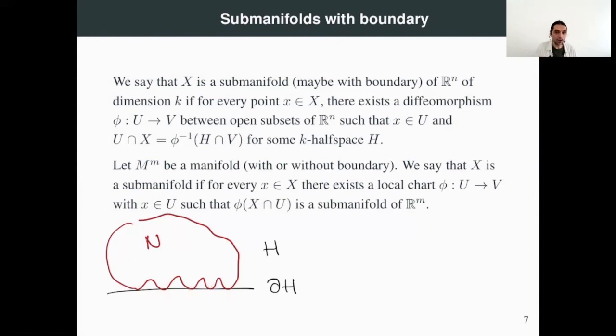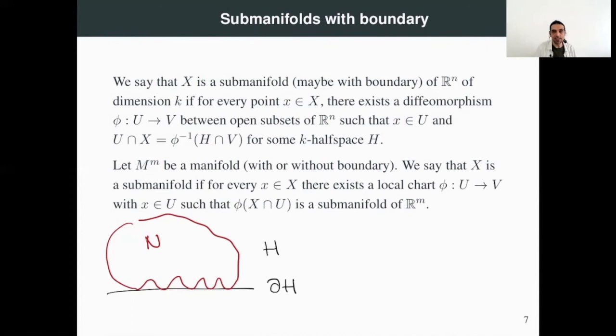So we're in a situation in which our definition of a submanifold of a manifold possibly with boundary does not guarantee at all that the intersection of our submanifold with the boundary of the ambient space is indeed a submanifold of the boundary. Indeed, in general, it doesn't happen.